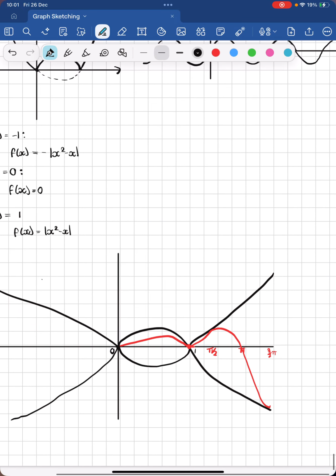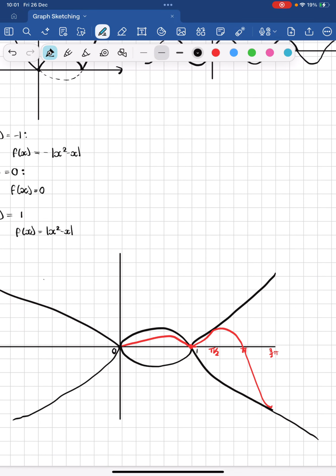Let's just continue this. Notice how the peaks of our graph just keep increasing and increasing.